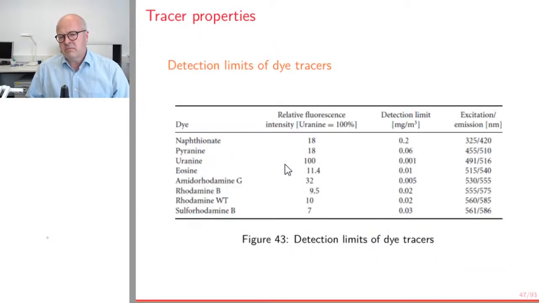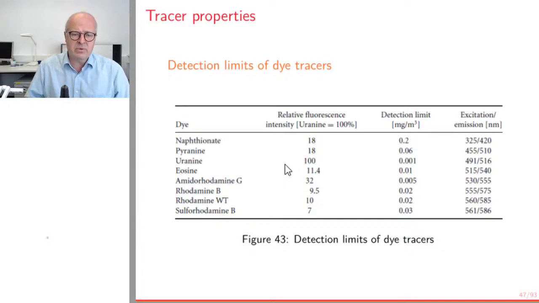Now let's check the detection limit. You already know that the detection limit for uranine is quite low. Here you even get 0.001, so even half of what we had before. Amidorhodamine is comparable, and then you have the pyronines, rhodamines that we shouldn't use, and the sulforhodamine B. And then again, an order of magnitude less detectable is eosin.